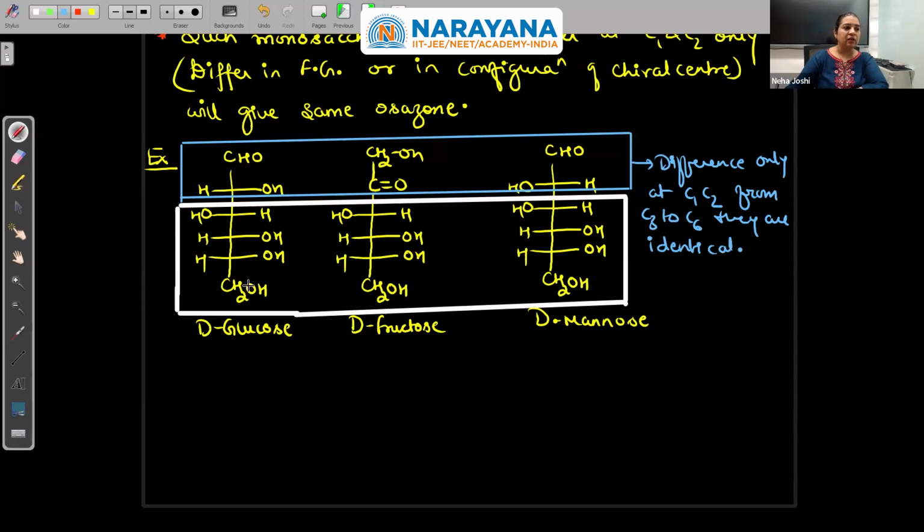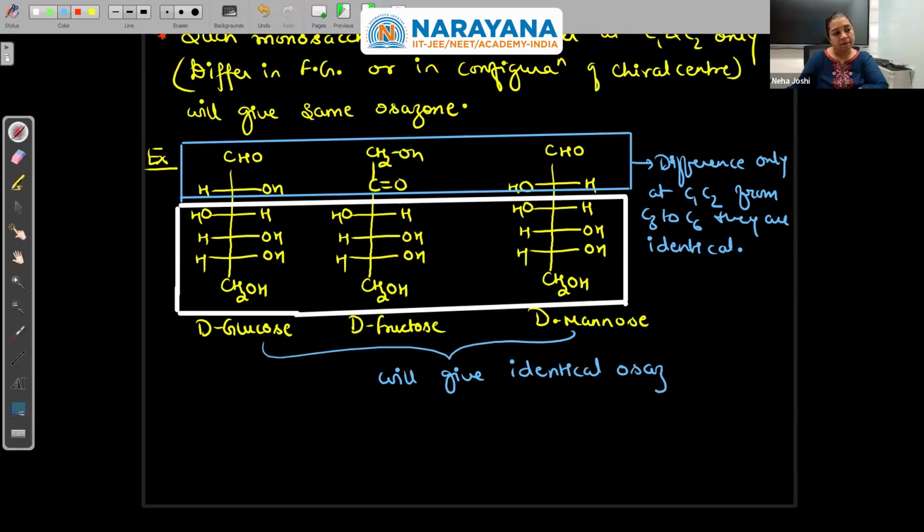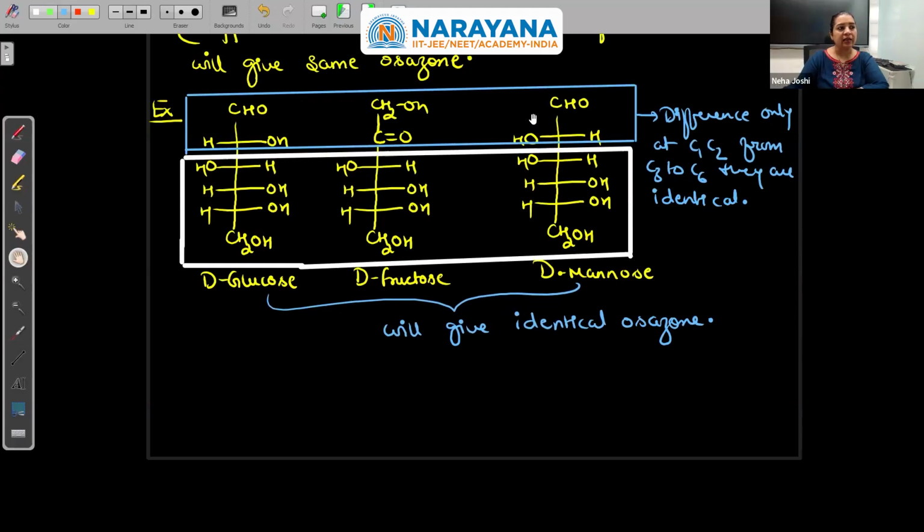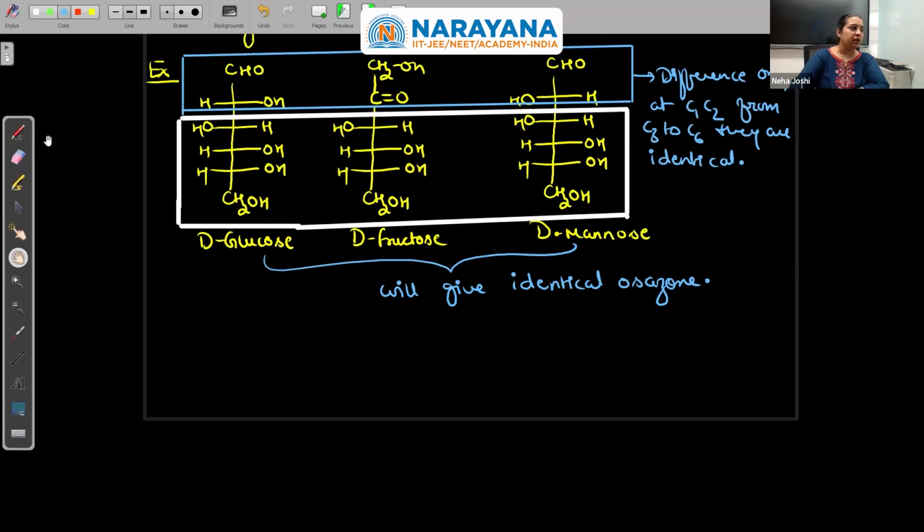So these three will give identical osazone. Okay, they will give identical osazone as they have exactly the same behavior. Is that correct? समझ आई बात? Okay, they have the same osazone.